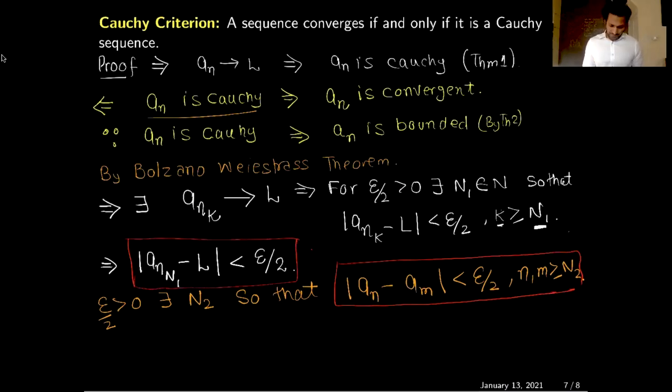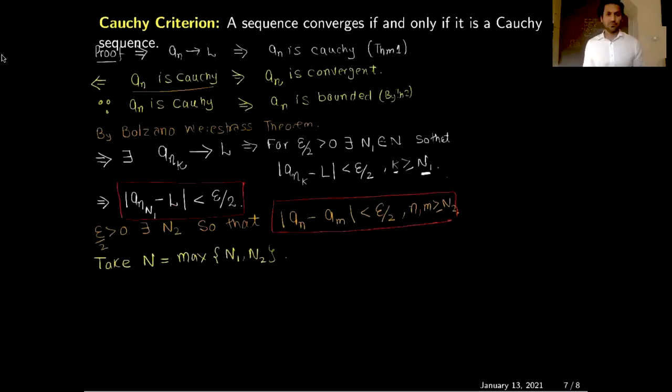The next thing is, let's choose capital N, which will be the max of N1 and N2. So if I choose n bigger than or equal to capital N, it means n is also bigger than or equal to N1, and also n is bigger than or equal to N2.